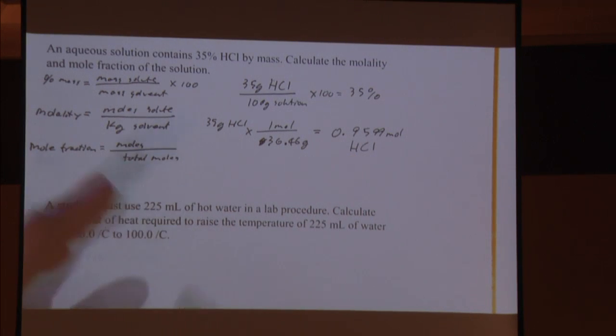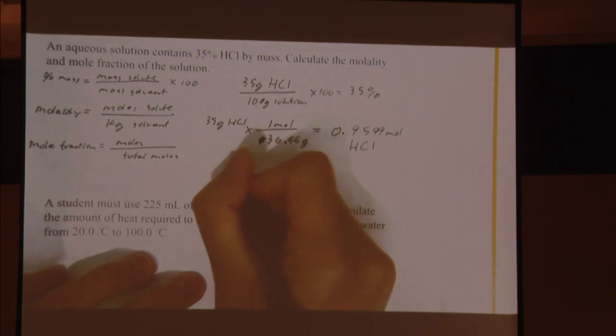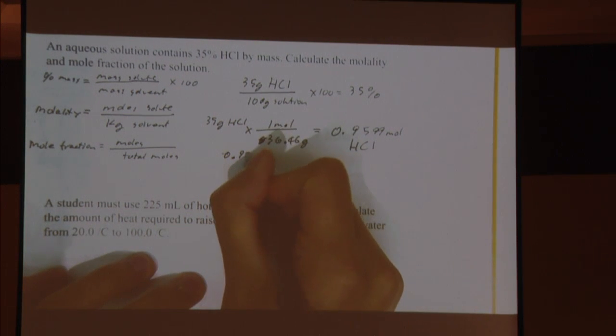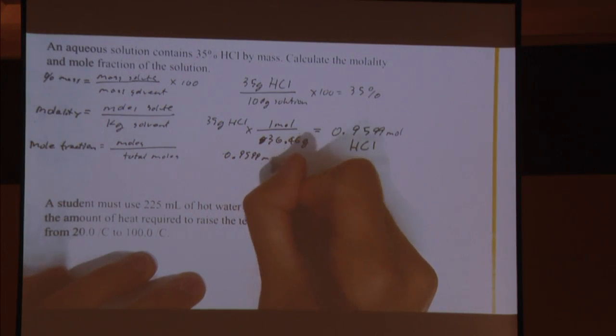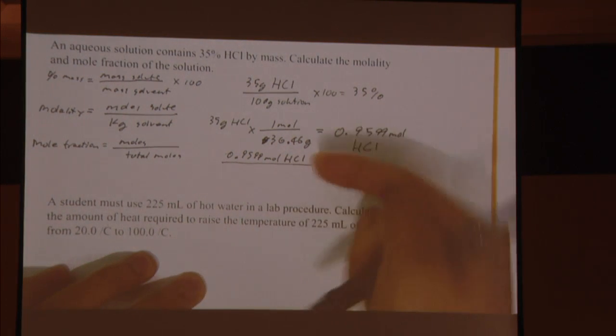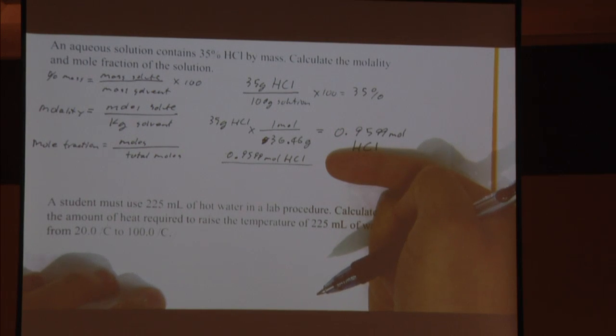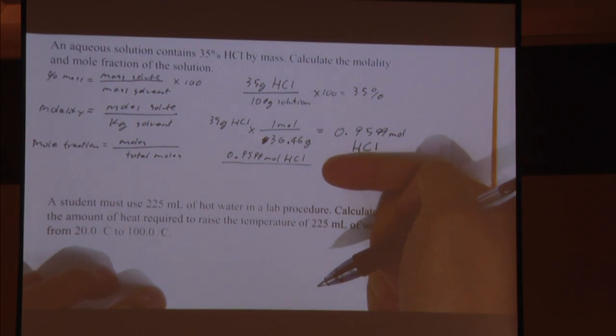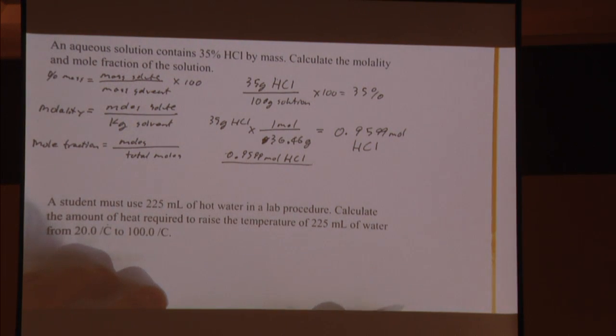Now from here we can go straight into molality and figure that out. We have some moles of HCl, and we're going to put that over our kilograms of solvent.